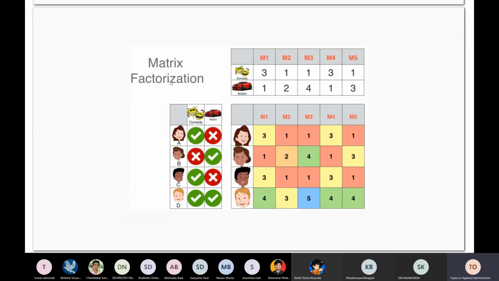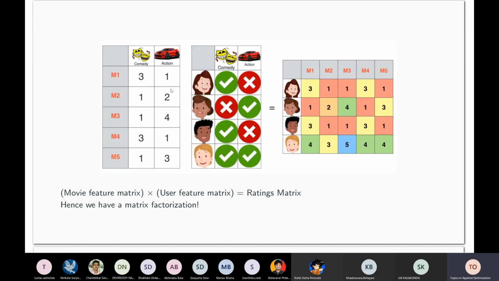So overall, it seems like a matrix factorization problem in some sense, because what I really want is to multiply this matrix with this, and then I get this. I'm multiplying this with this to get the first entry, and then this with this to get the entry here, and so on.